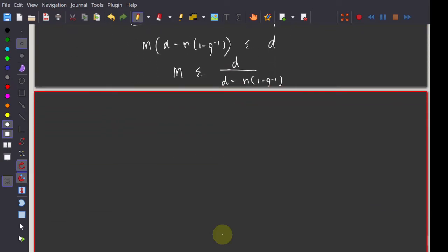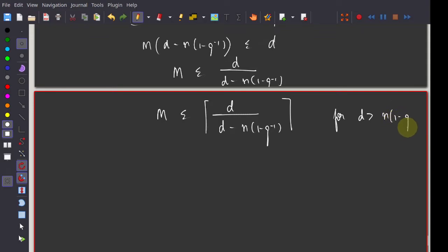And I know that M has to be an integer, because M is the number of code words, so M is less than or equal to the ceiling of d divided by d minus n into (1 minus q inverse), for d greater than n into (1 minus q inverse). So this is called the Plotkin bound.